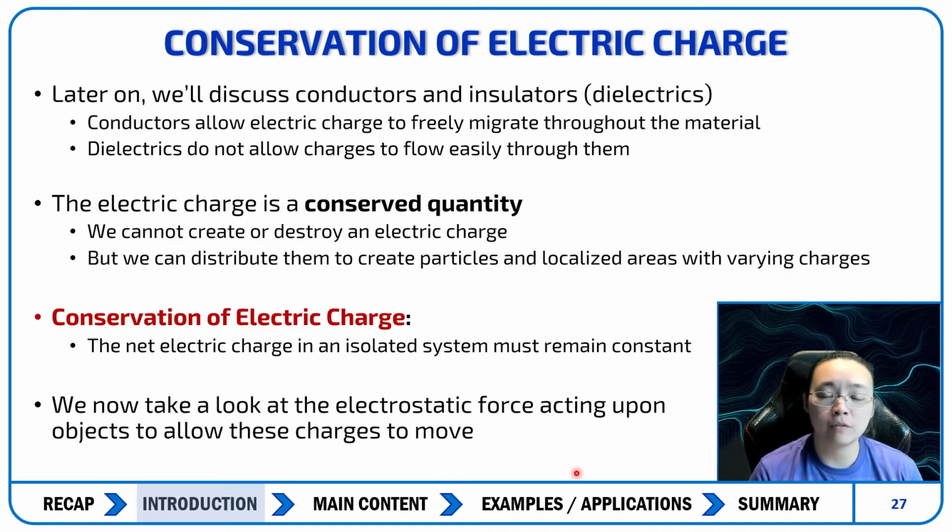The conservation of electric charge means that the net electric charge in an isolated system must remain constant. This will be very handy when it comes to discussing conductors, especially conductors where charges are free to move around.